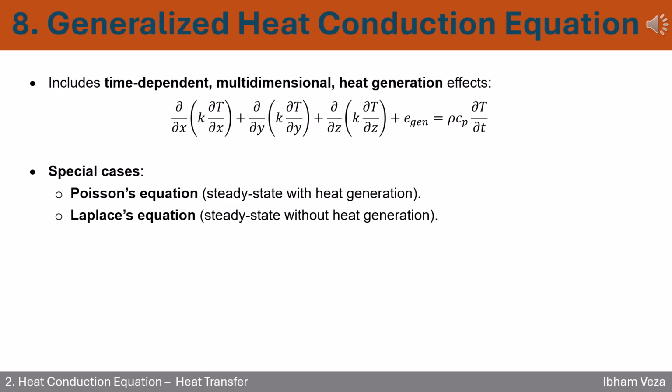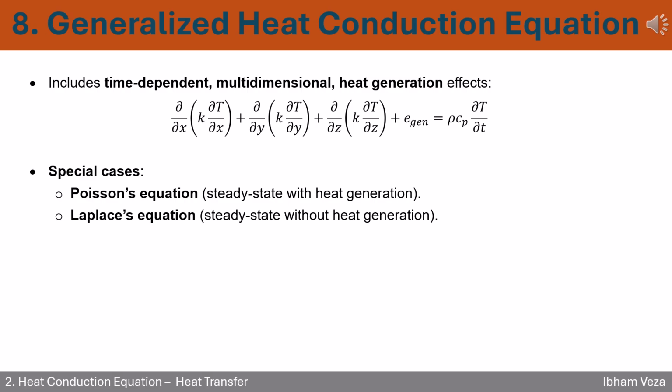8. See the big picture with the generalized heat conduction equation. Here's the full story. The generalized heat conduction equation combines time dependence, multi-dimensional effects, and internal heat generation all in one powerful expression. From this one equation, you get two important simplifications.